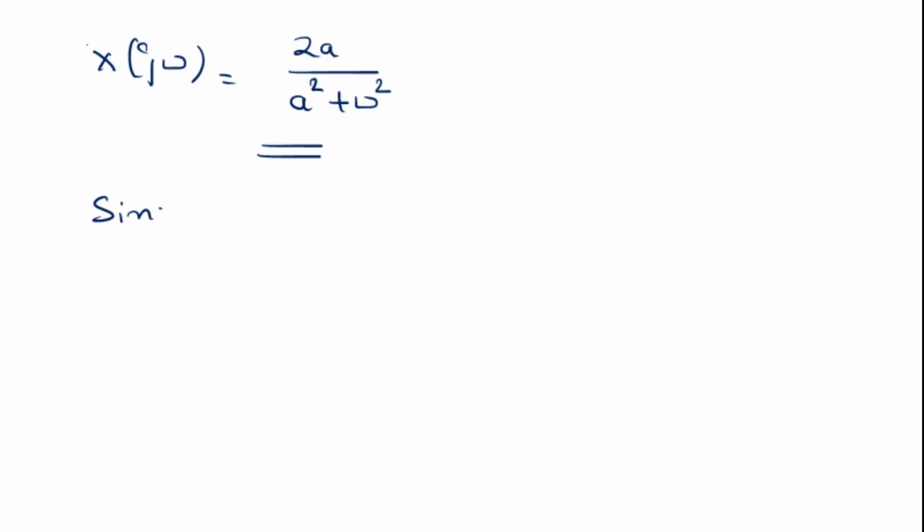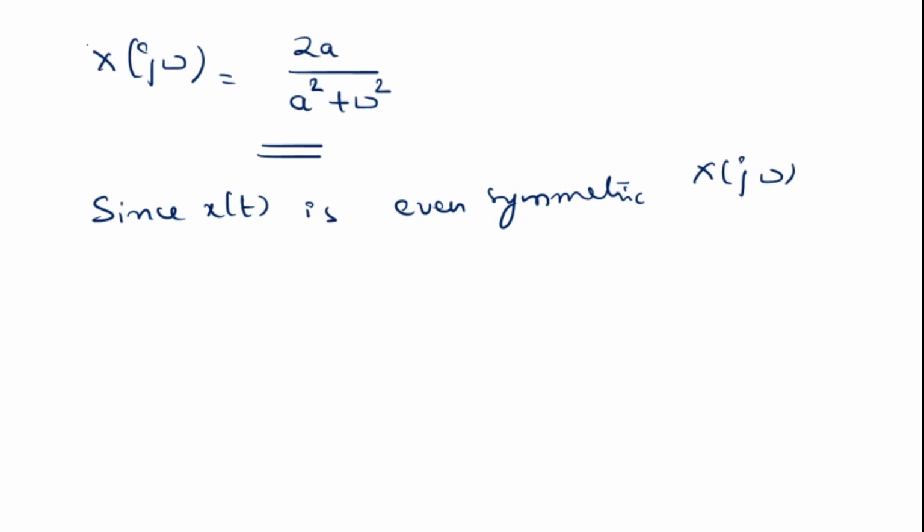Since x of t is even symmetric, then x of j omega is purely real.